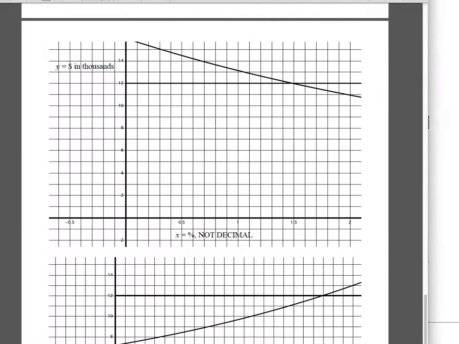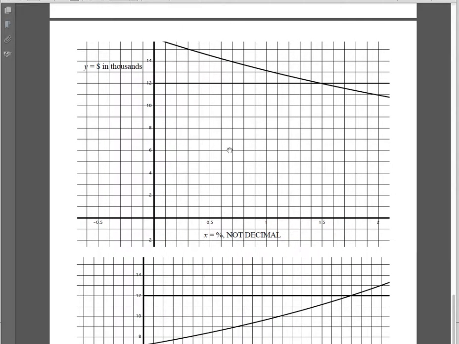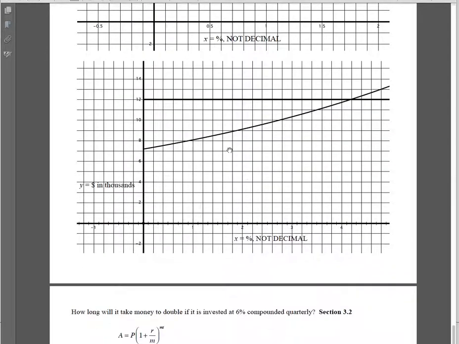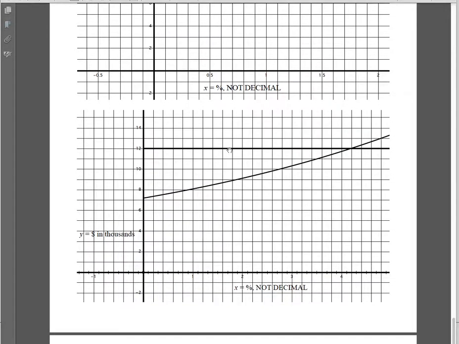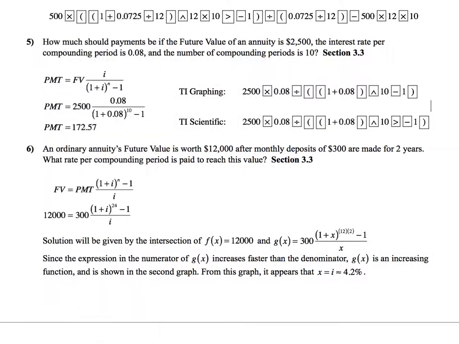So I provide on the test, as I did on the practice, some graphs to choose from. And here's one graph, and here's another. Which one should we use? Well, this is future value, and future value would increase.